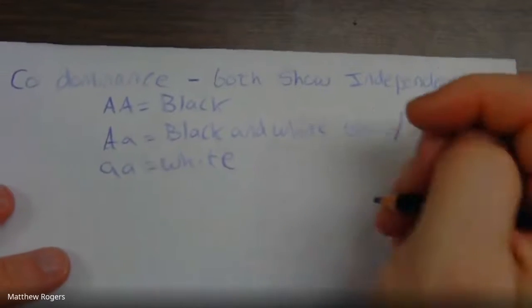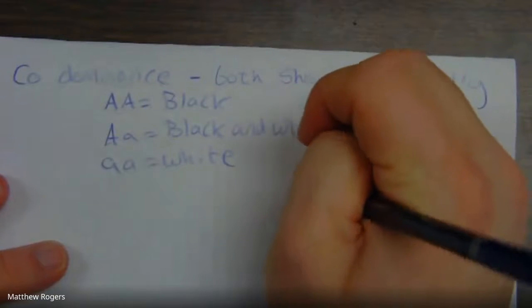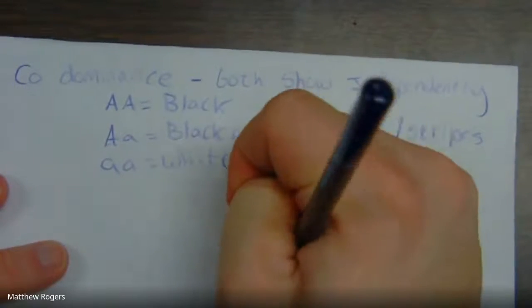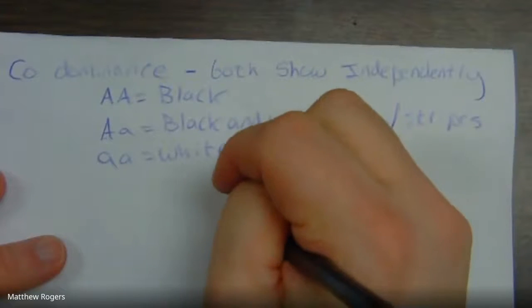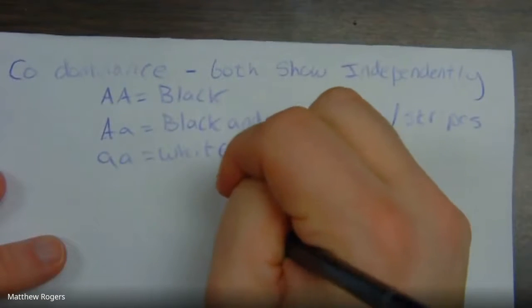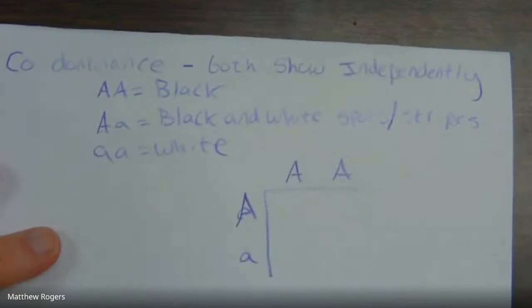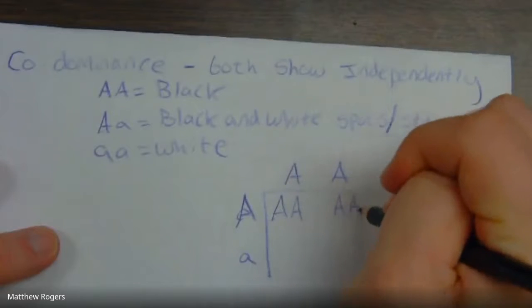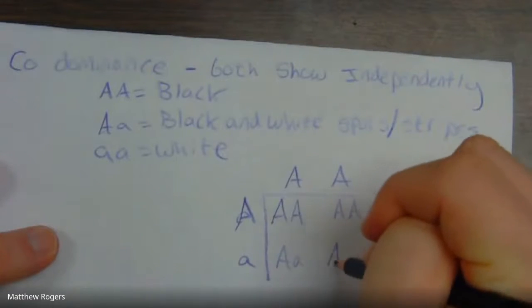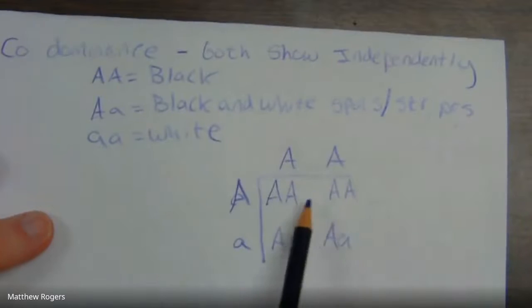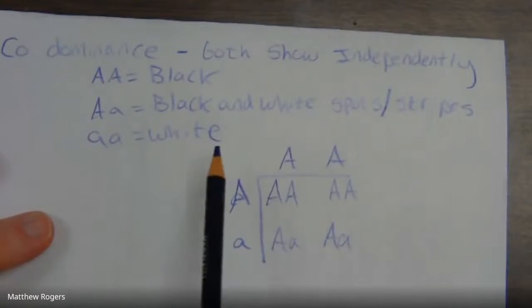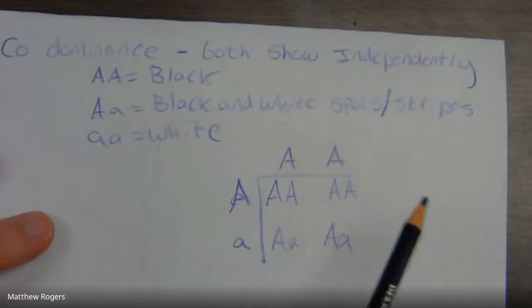So I have a black cow, and it crosses with a white cow. Now we'll do a black and white cow. What is their offspring? So we go through and we find out that their offspring is going to be 50% big A, which is black, 50% big A, little a, which is black and white spots.